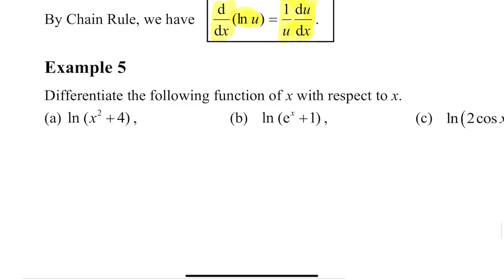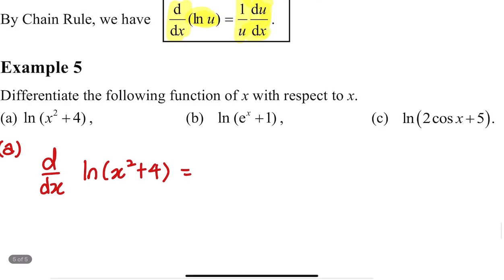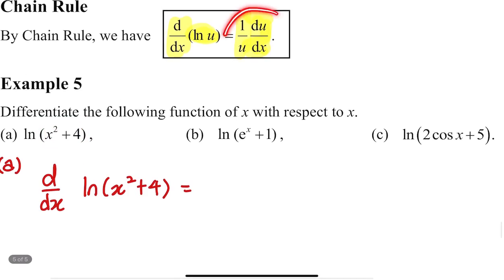Example 5. Differentiate the following function with respect to x. So I want to differentiate this over here. Let's write down the expression. Differentiating with respect to x, ln x squared plus 4. In order to differentiate this, we follow the steps. Instead of x here, this becomes x squared plus 4. So I follow these steps over here.